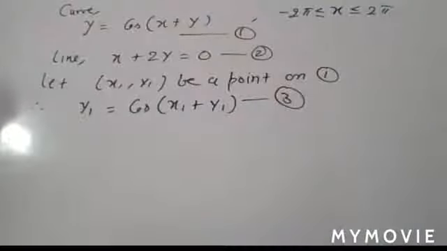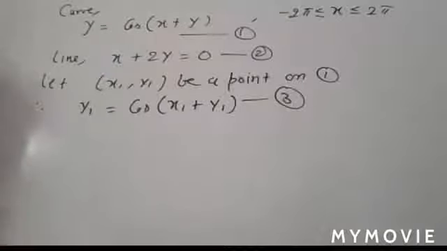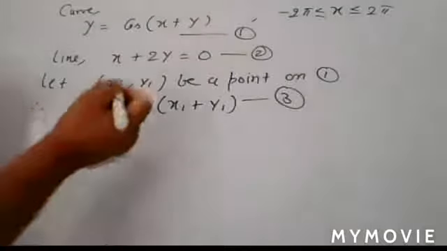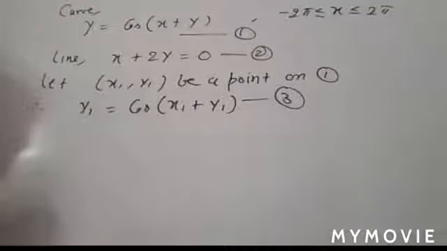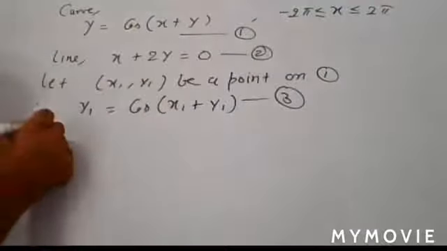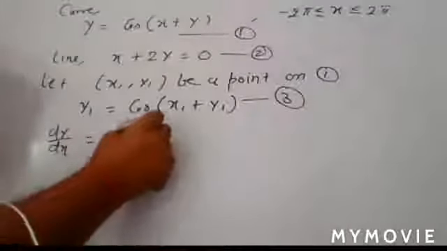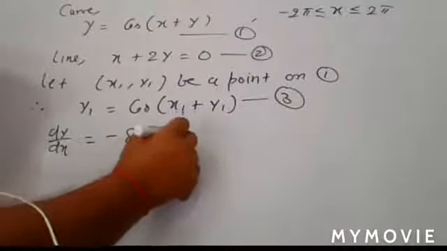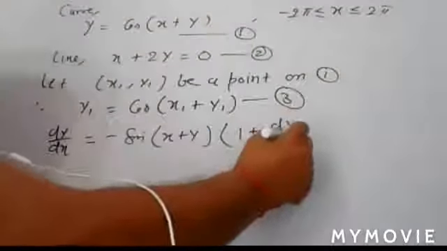Any doubt up to this step? No problem, I think. So you have to find the derivative. The concepts are the same, only you have to apply them in different ways here to find the values of x1 and y1, the point of contact. So differentiating 1 with respect to x, you have dy by dx is equal to minus sine of x plus y into 1 plus dy by dx.